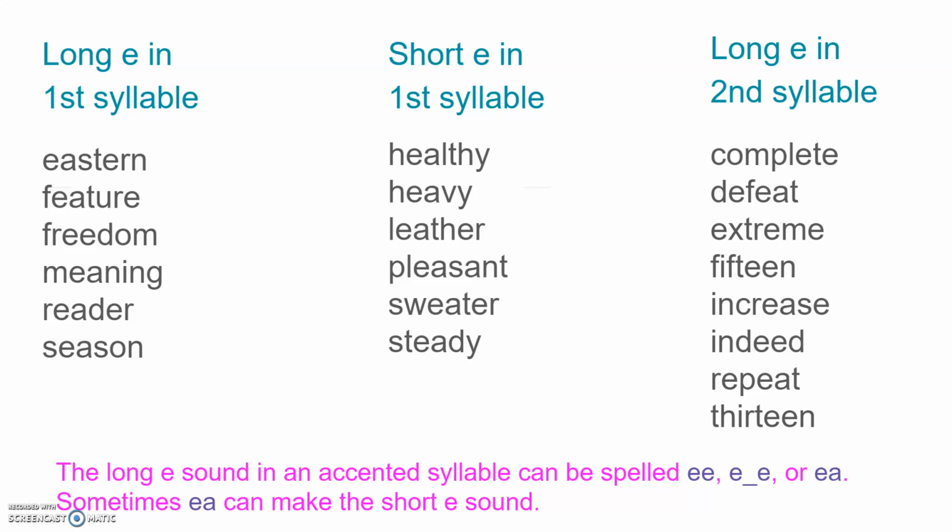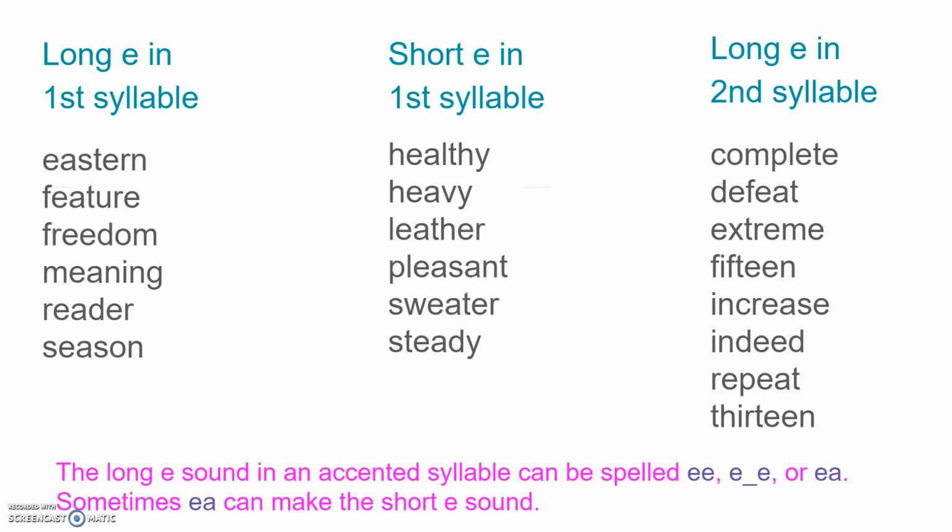All right, take a look at your short E in the first syllable words. You'll notice that all of those words have an EA. You might be thinking, well, you just told us that if it was an EA, it was going to be a long E. I did, but the other thing you know as third graders is that the English language doesn't follow the rules all the time. There are always exceptions. With the EA, sometimes it makes a long sound and sometimes it makes a short sound.